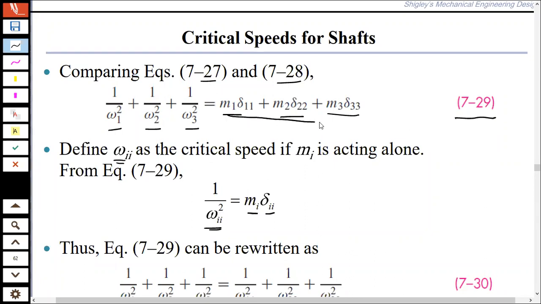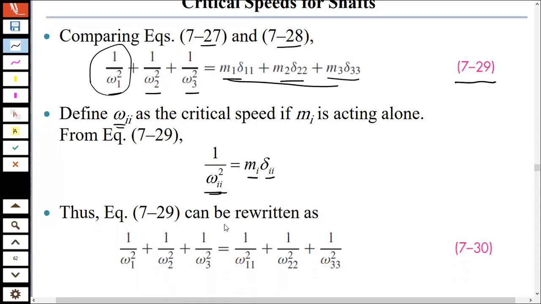Looking at this, if there is one load, ठीक है जी, that will be just mi delta II.